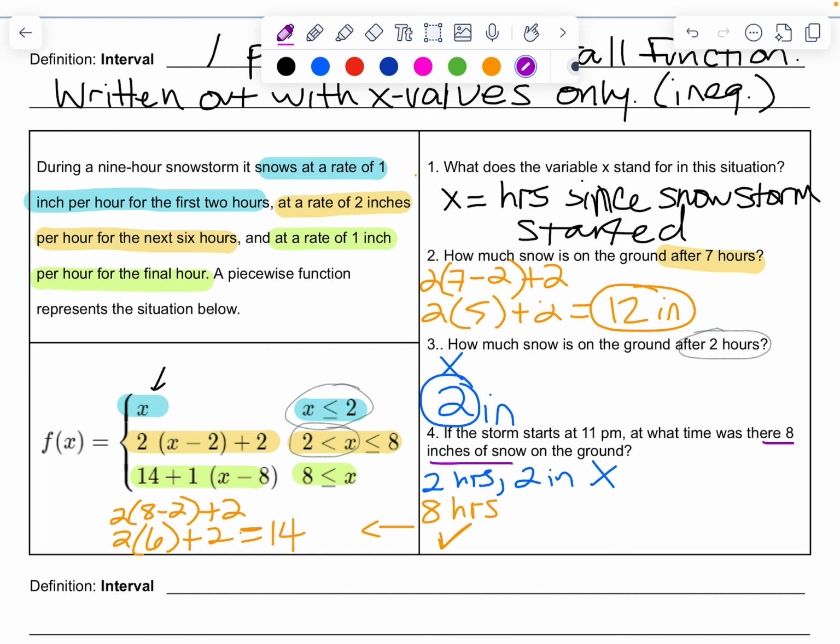So I'll set up an equation. I know that I'm going to total up 8 inches. I know that it's going to happen in this interval of time. And by the way, there are numerous ways to do the algebra here. I'm going to subtract that 2.